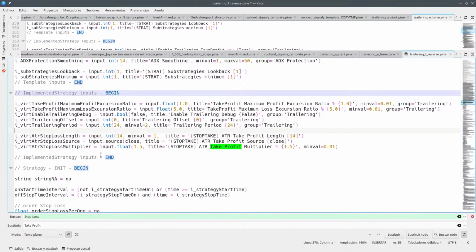I mean, instead of beard, this should be trailering, isn't it? Trailering ATR. So the beard ATR stop loss should be trailering ATR take profit.